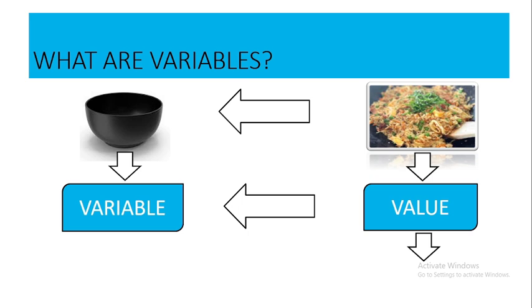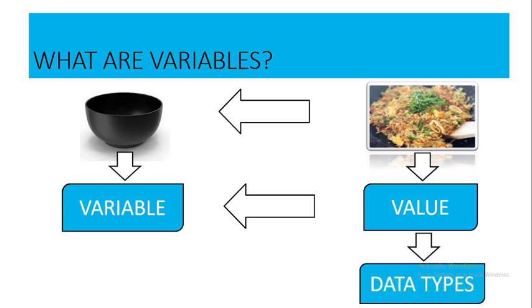So someone will ask, these values are what? The values that we put into the container or the variables are the various data types that we have. We have already discussed data types. If you haven't watched that particular lesson, I would recommend you watch it.